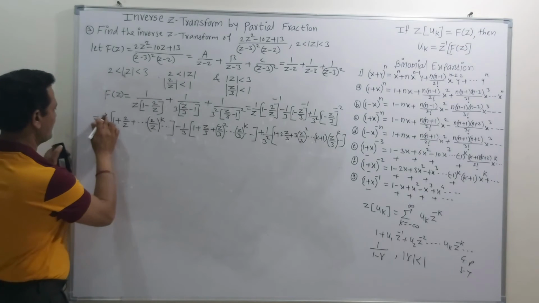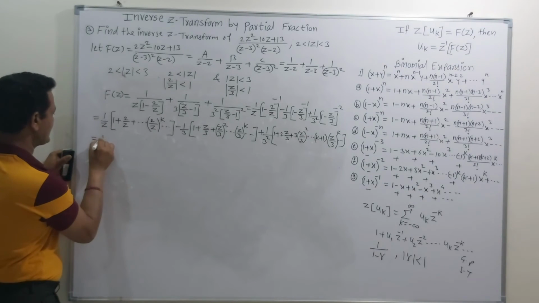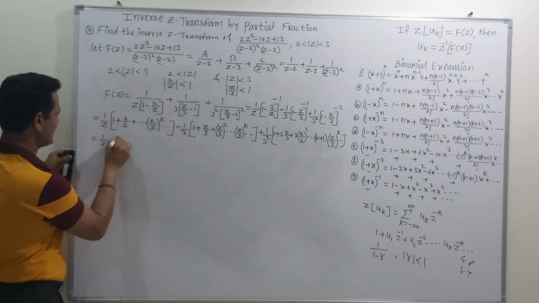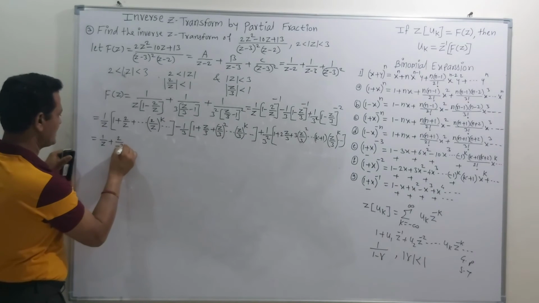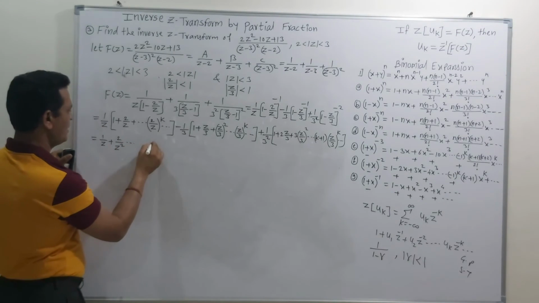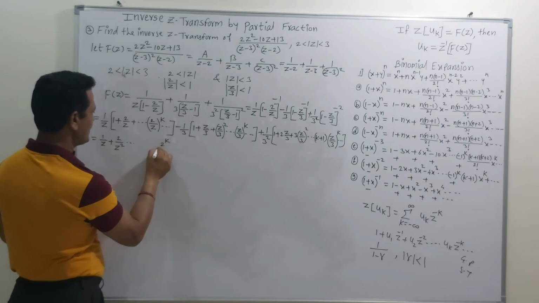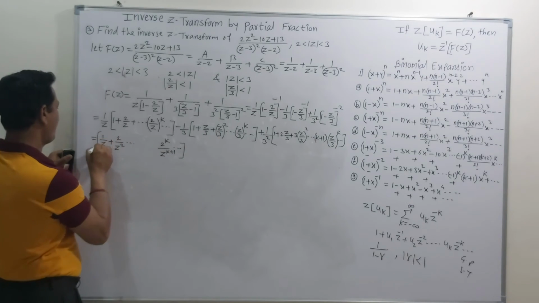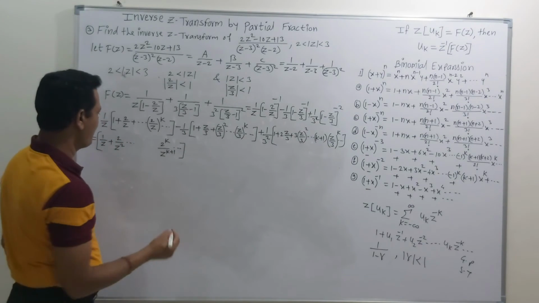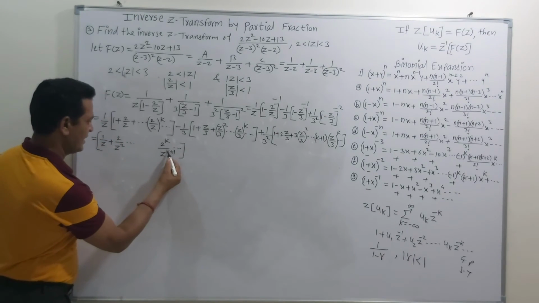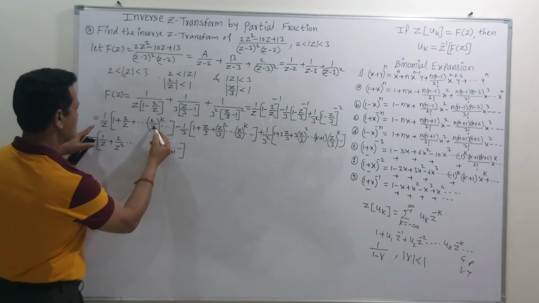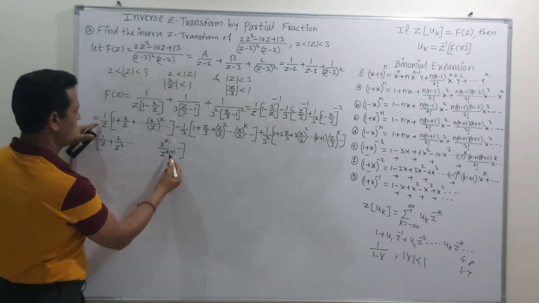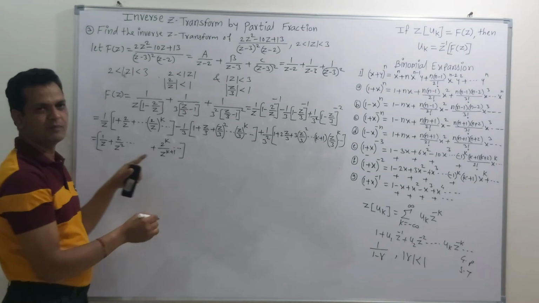So now take this 1 upon z to the inner side. We get 1 upon z plus 2 upon z square, and so on. In general, we get 2 raised to k upon z raised to k plus 1, and so on. This is the first bracket, but here we get the power of z as k plus 1, because this is z raised to k and this is z raised to 1, but our interest is to get the value of z raised to k.